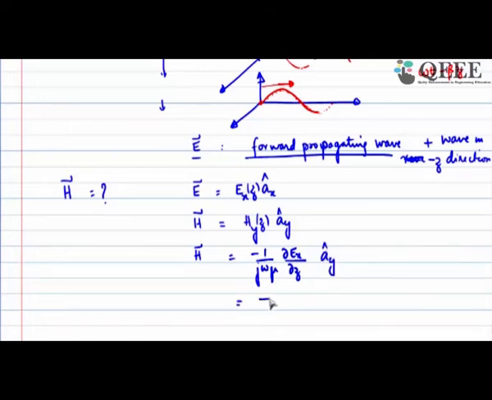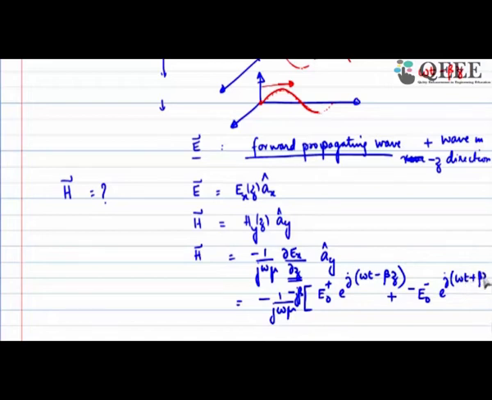Now let's calculate what this is. Minus 1 by j omega mu. What is my Ex? It is E naught plus e power j omega t minus beta z, plus E naught minus e power j omega t plus beta z, and I need to take a differential of this. So this is minus j beta in the numerator for the first term, and for the second term I will have a minus, since I have already taken the beta outside.